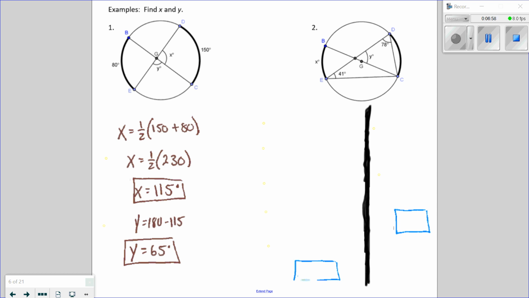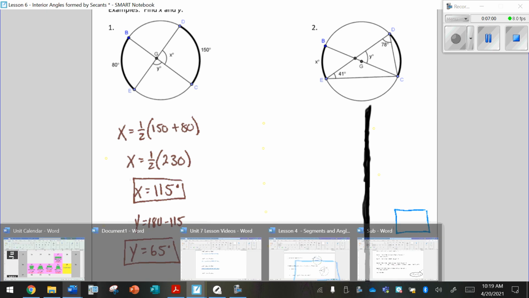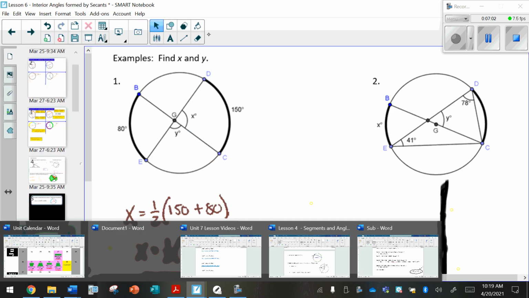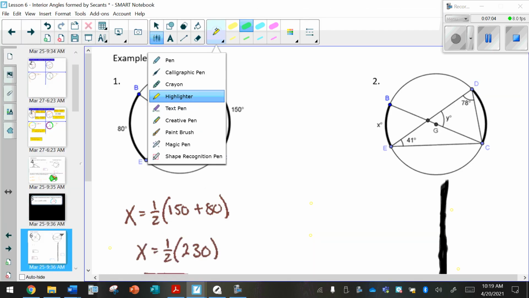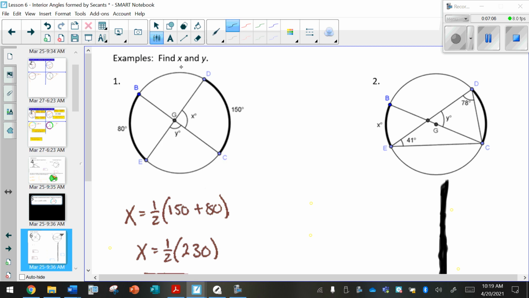Number 2, similar types of calculations. Let me get to my pens so we can highlight some stuff. Our inscribed angle here, DEG, is 41 degrees. That is half the intercepted arc. So I'm going to take this angle and double it to get arc CD to be 82 degrees. That is the first thing that we do.